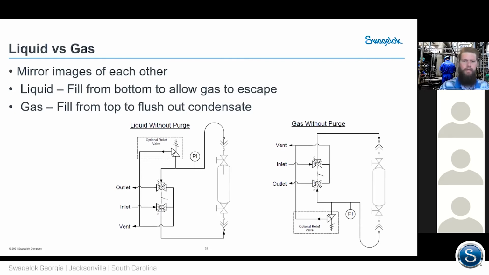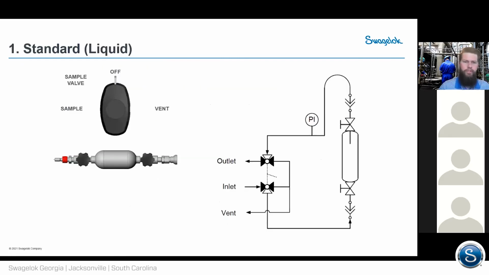So, I wanted to show you the geared valve handle and just how that operates. So if a customer is coming up to the panel to take their sample to send off to the lab, they're going to first come up and switch the valve handle into the sample position.